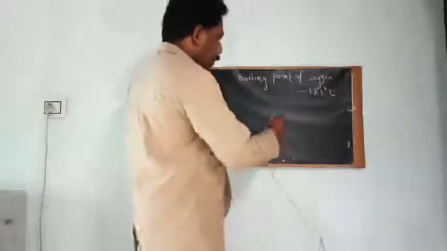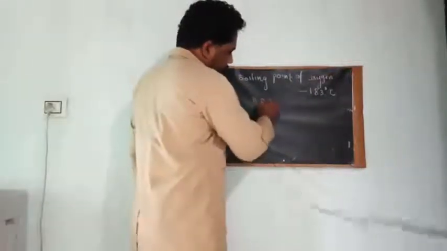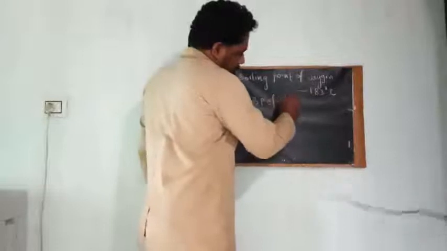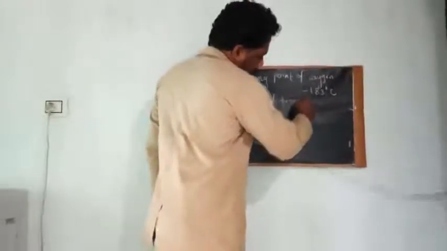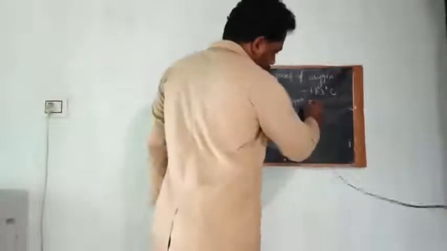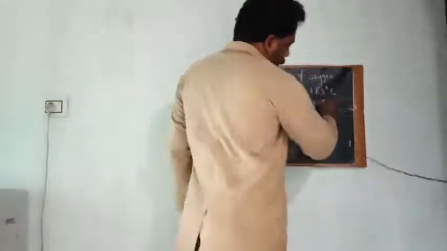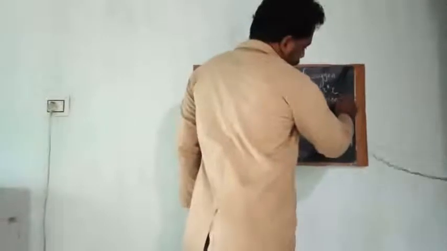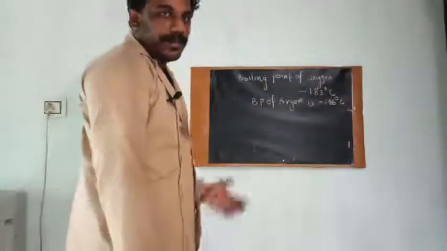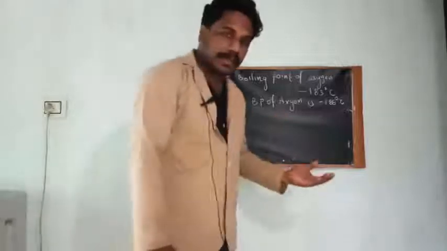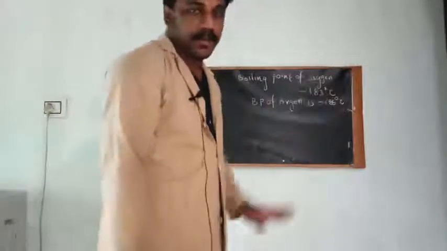Okay, and the boiling point of nitrogen, or before that let me discuss argon. Argon is a gas. The boiling point of argon is minus 186 degrees Celsius. So if it is cooled below minus 186 degrees Celsius, it will become liquid.